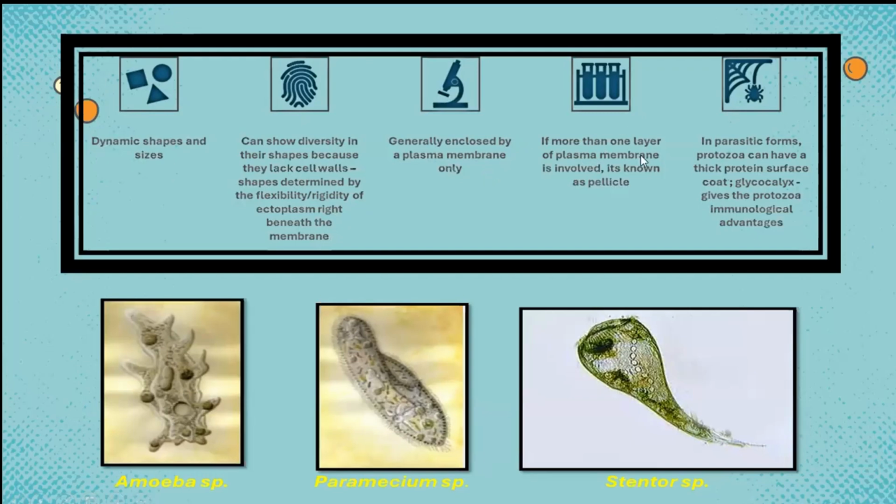If more than one layer of plasma membrane is involved, it is known as pellicle. Sorry. Okay, so in parasitic forms, protozoa can have a thick protein surface coat, such as glycocalyx, giving the protozoa an immunological advantage.